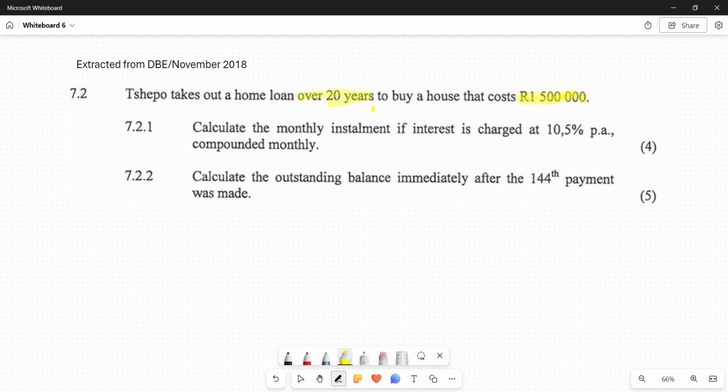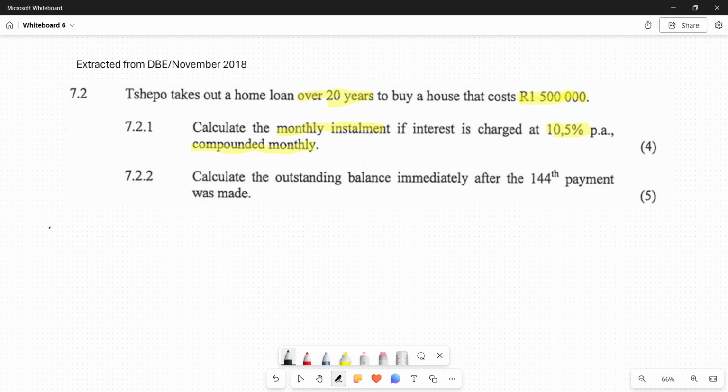That loan should be paid over the period of how many years? 20 years. And now they're saying we should calculate the monthly installment if interest is charged at 10.5% per annum, compounded monthly. So let's write down the given information.